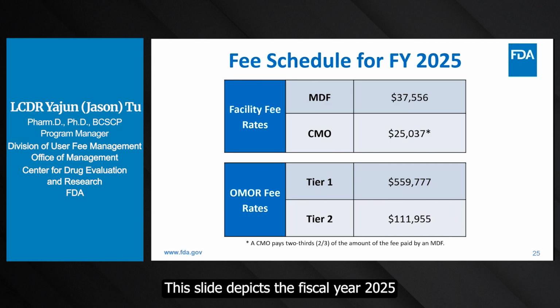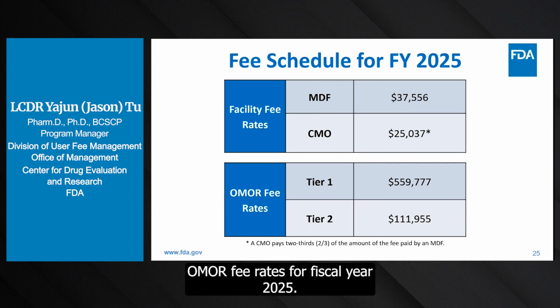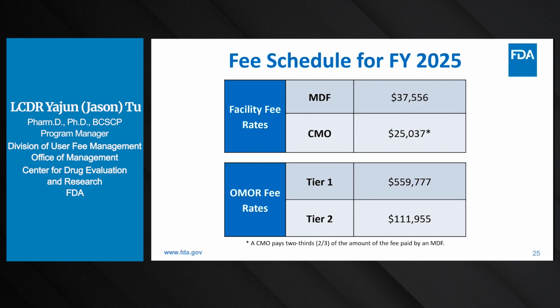This slide depicts the fiscal year 2025 OMUFA fee rates. For fiscal year 2025, the MDF fee is $37,556, and the CMO fee is $25,037.